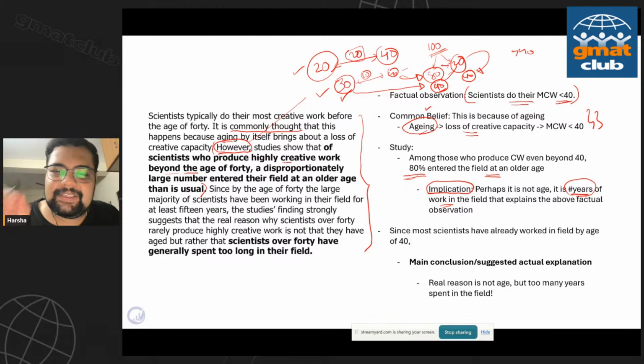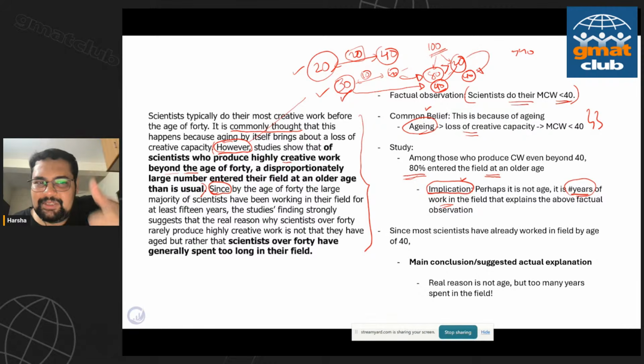The fact that there's this discrepancy brings in this implied idea that perhaps it's not age, perhaps it's the number of years they worked in the field. That's the problem, and that's what we see here. Now the author takes that point and hammers it home. Since by the age of 40, the large majority of scientists have been working in their field for at least 15 years, they essentially started very early.